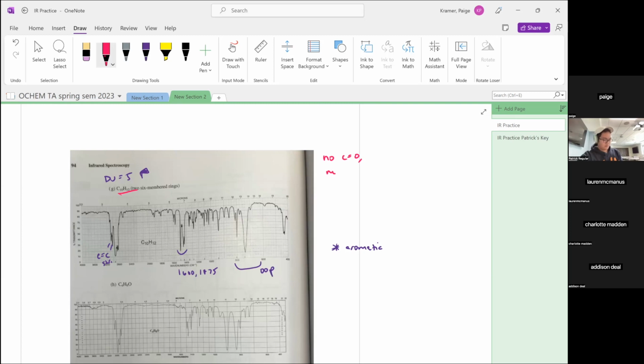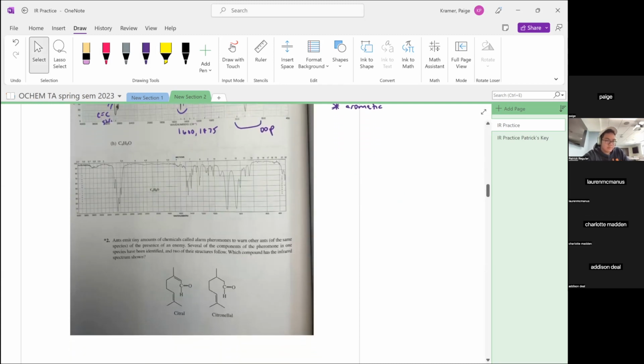Either way: no OH, no C double bonded O, no C single bonded O, so a hydrocarbon. Okay, oh, almost forgot overtones. Okay.